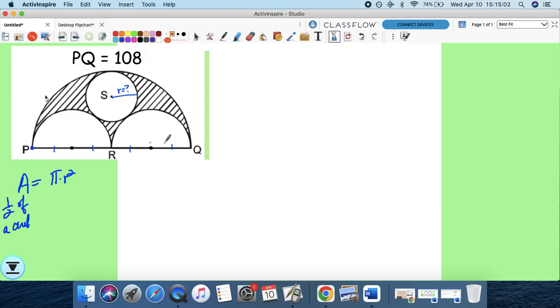P to Q is 108, which makes this 27, this 27, this 27, and this 27.